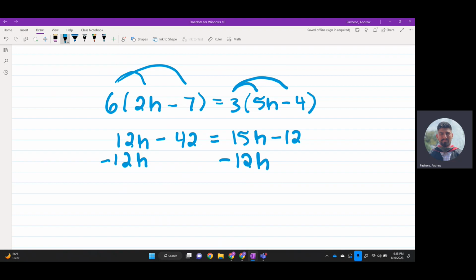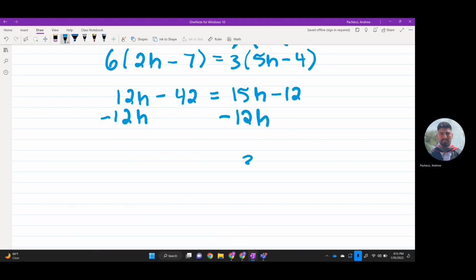My variable on the left is going to get rid of itself. On the right-hand side, if I have 15h minus 12h, I'm going to get 3h. The reason I didn't move 15 to the left is because then I would have a -3 instead of a +3, and that would involve an extra step. So that's why I moved the 12 from the left to the right instead of the 15 from the right to the left.